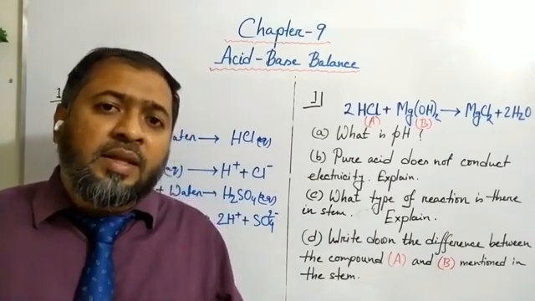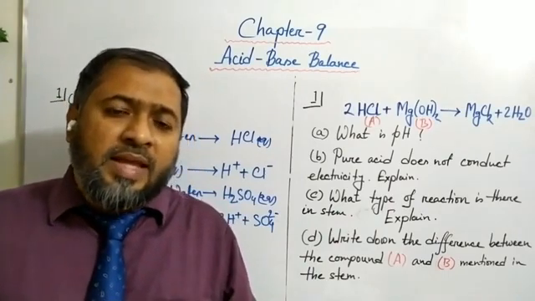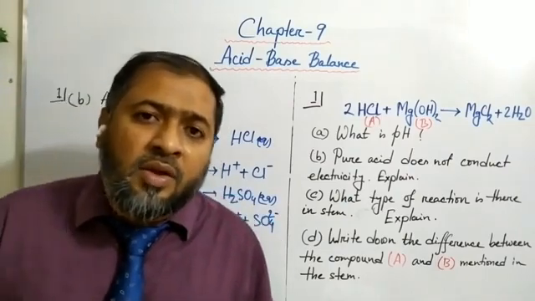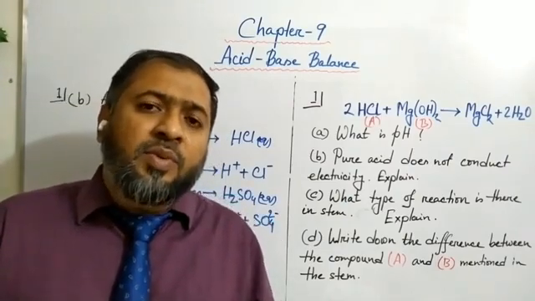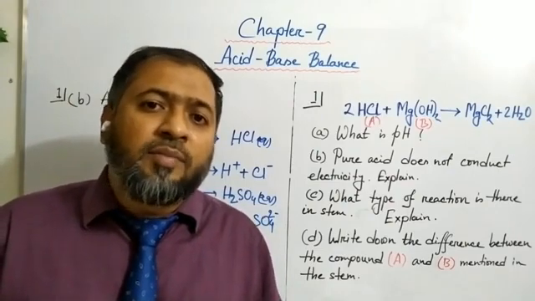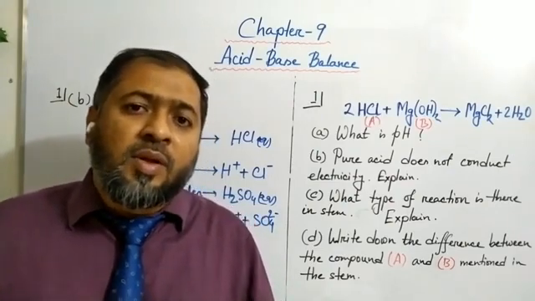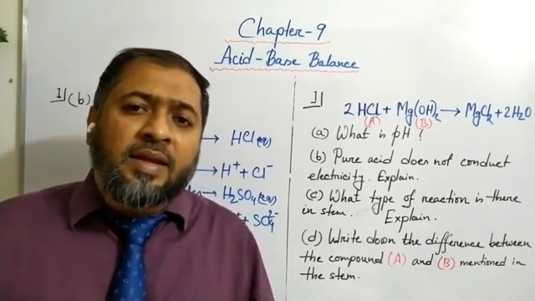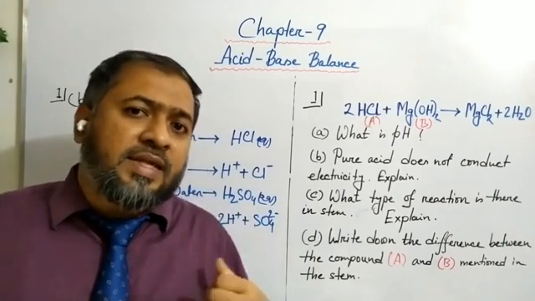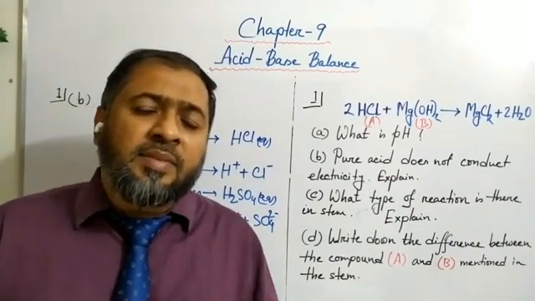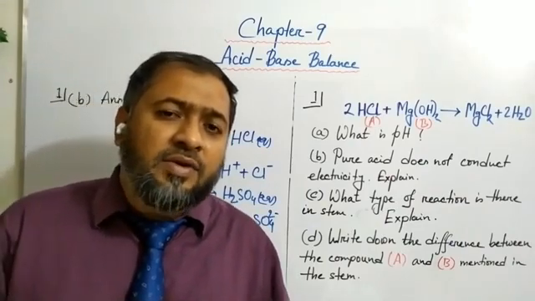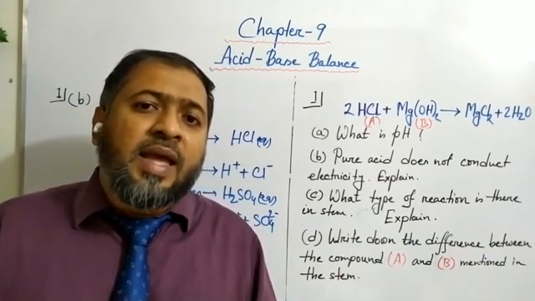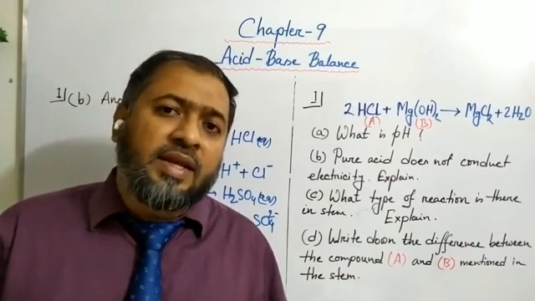So when we take pure acid, the acid molecule remains intact, and that's why there is no free ion present. But when we add water to acid and produce aqueous acid solution, the acid releases hydrogen ion, and due to the presence of free ions, the acid solution can conduct electricity.